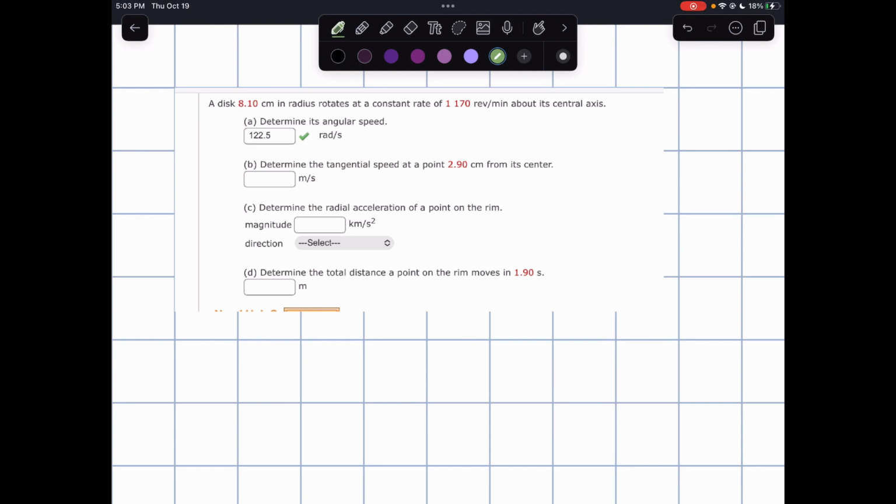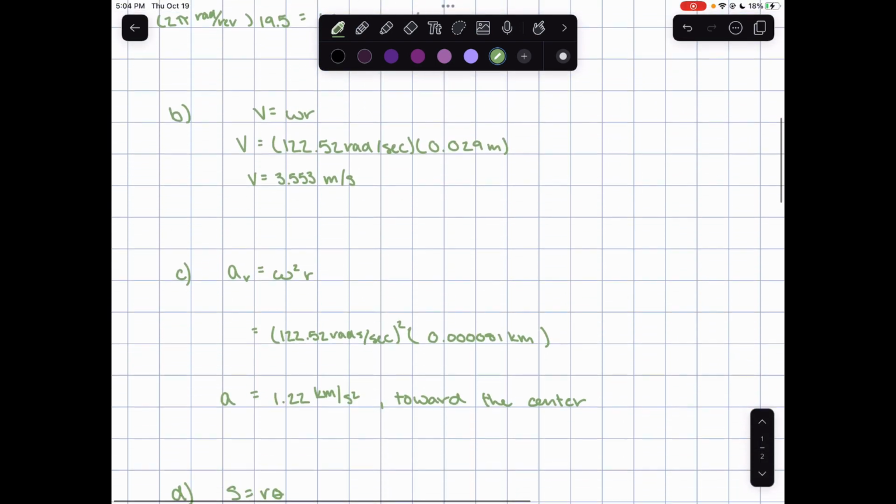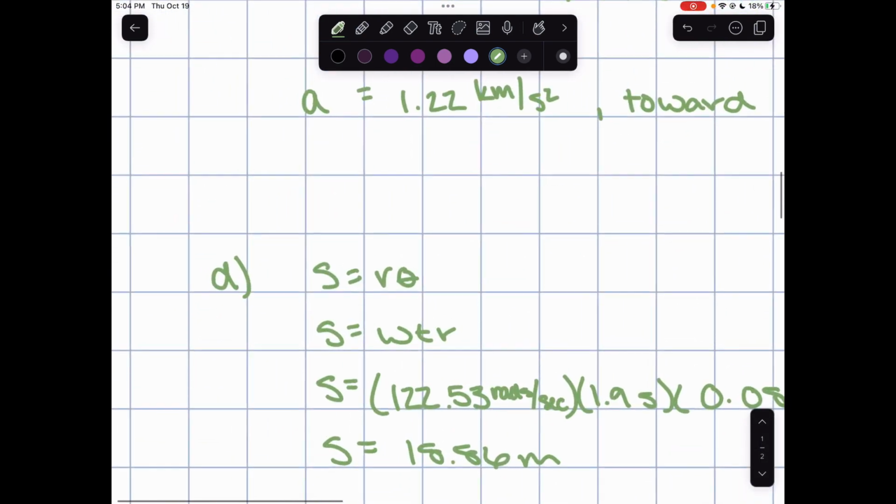So, finally, we're going to determine the total distance a point on the rim moves in 1.9 seconds. Now remember, we're moving in a circular path, and when we want to find how much an object moves out of a chunk of a circular path, we're going to be looking for the arc length. The equation for our arc length is arc length equals radius times angular displacement.